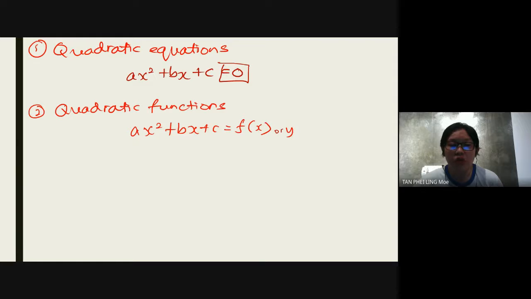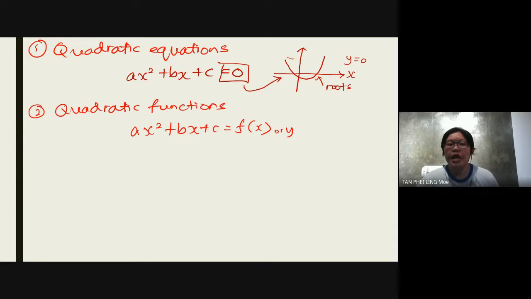That's why when you are solving a quadratic equation, actually you are solving for y equals to 0, which is the x-axis, which means you are solving for the roots. Do you get me now? So that is their relation.